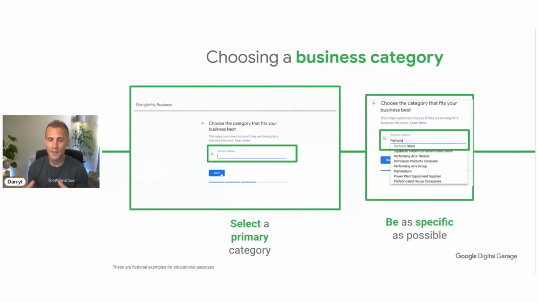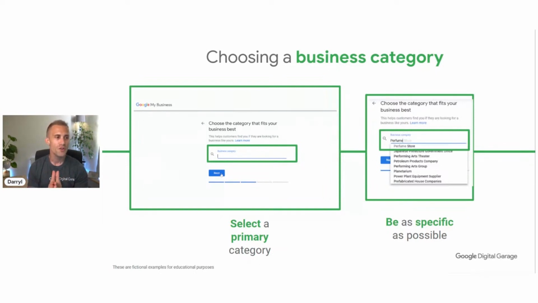To give an example, let's say you're a nail salon, and all you do is categorize yourself as a salon. Well, if you categorize yourself just as a salon, that is a broad spectrum of businesses, rather than inputting a nail salon, which categorizes your business a lot more efficiently.